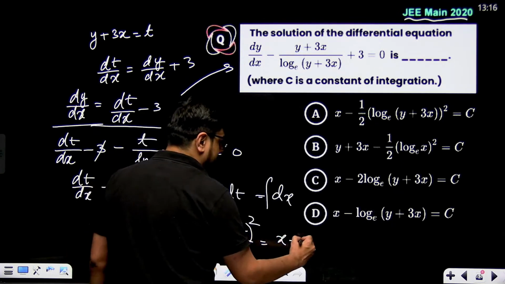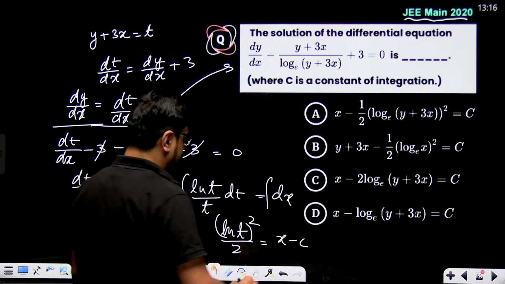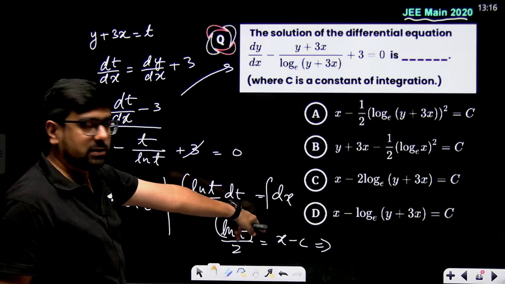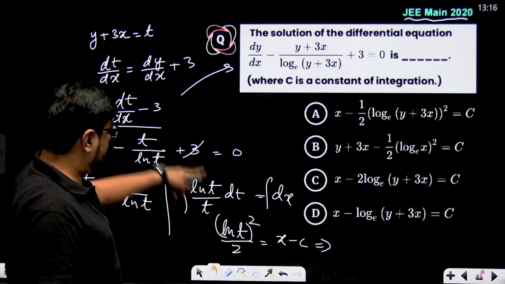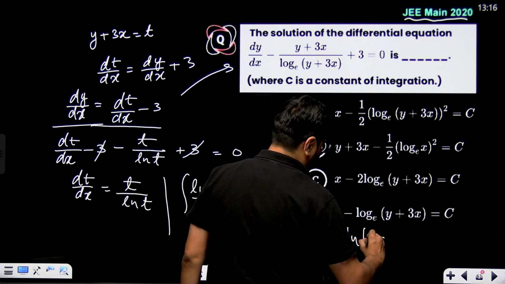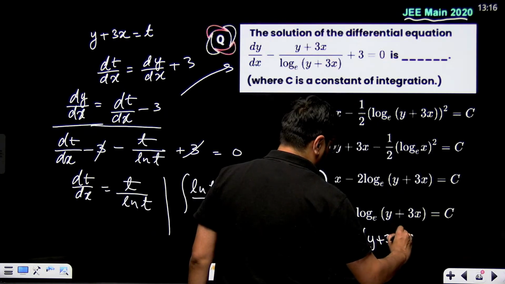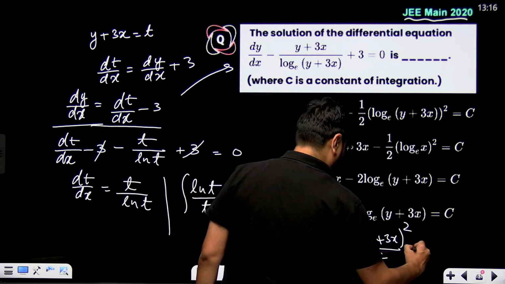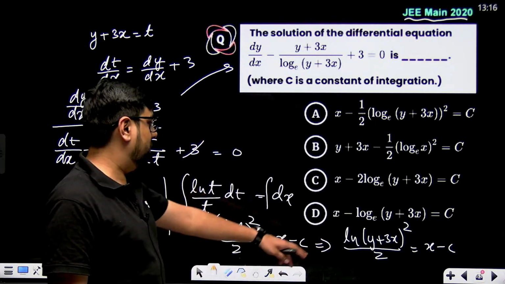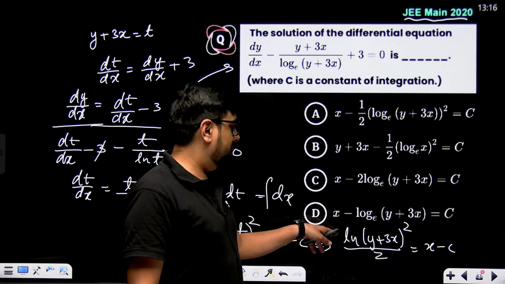So ln of y plus 3x whole square by 2 will become equal to x minus c. Or we can keep x plus c also, it won't create a difference.